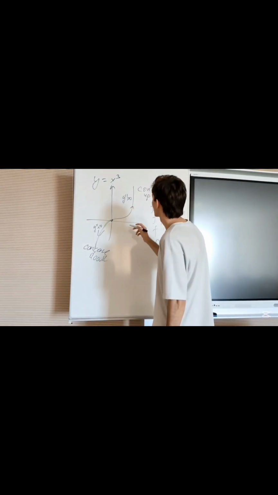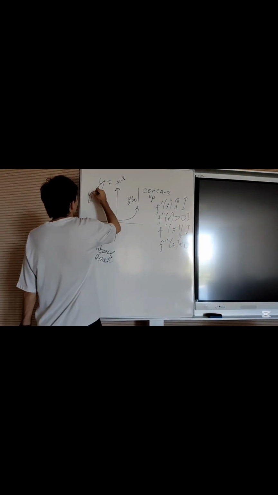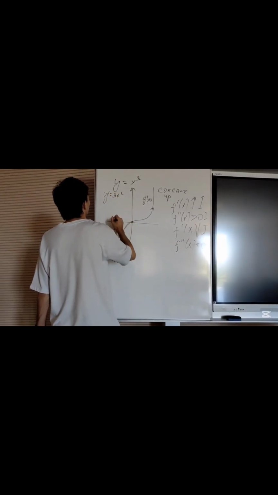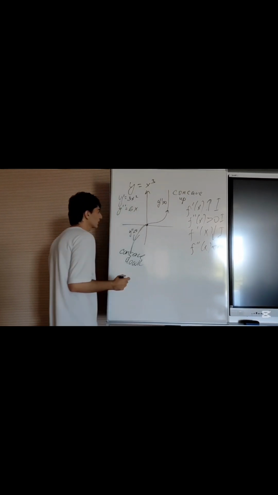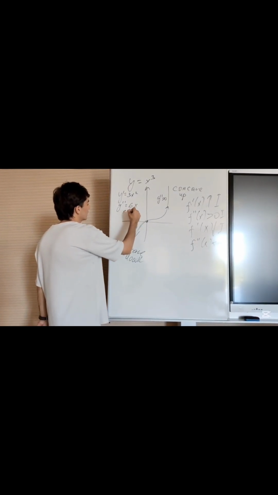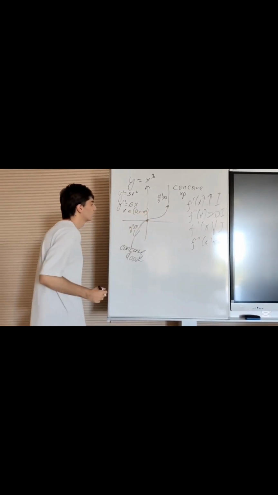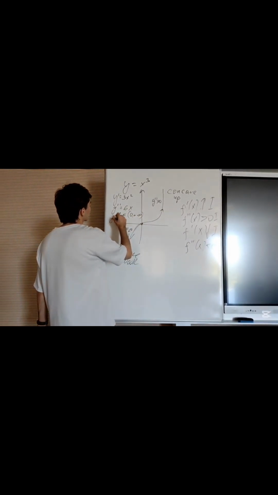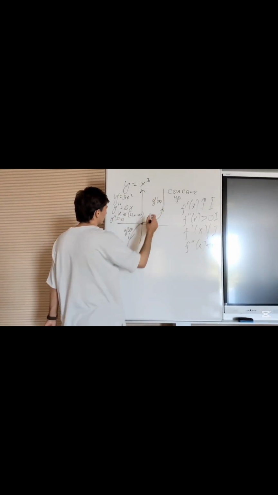In this case, let's first find our second derivative of y. The first derivative of y is 3x squared, and the second derivative is 6x. So when the second derivative is 6x, for x in the range 0 to positive infinity, the second derivative of y is greater than 0. As you can see, our function is concave up.